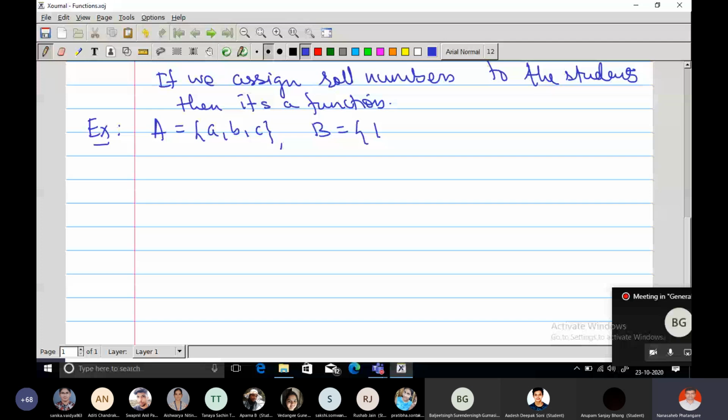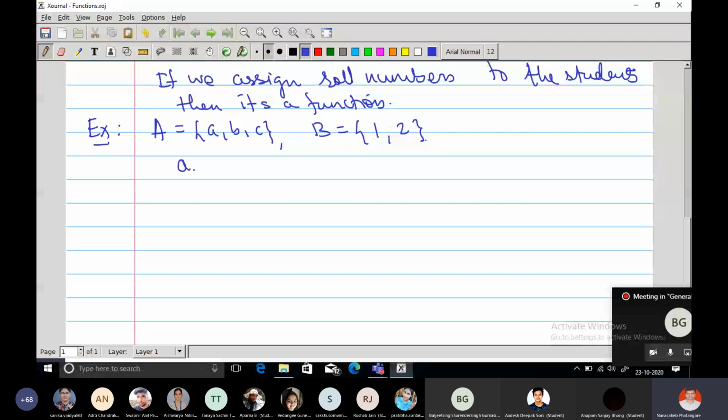Why do we want to understand this? I expect that you will tell me the definition. So I will assign a with 1 and I will put them in a pair.